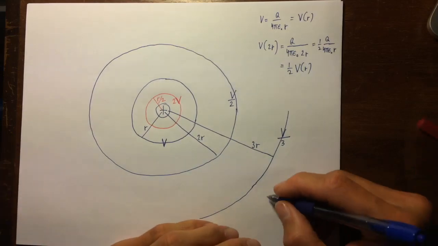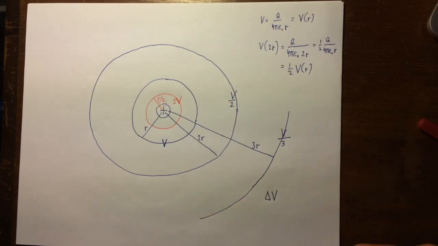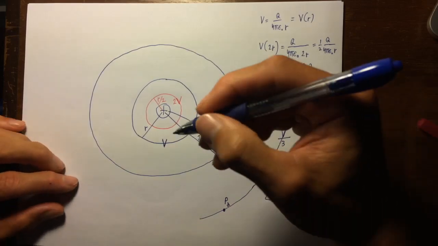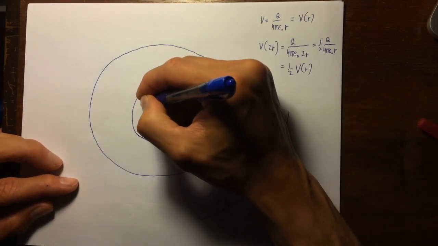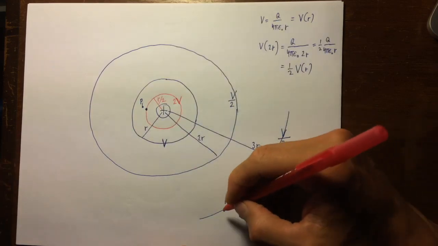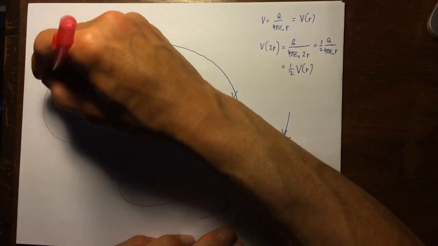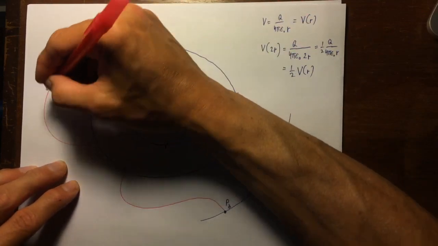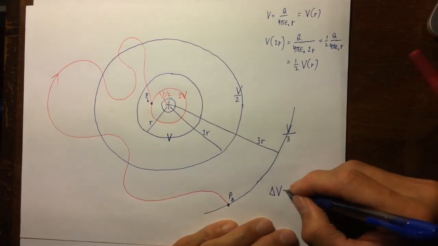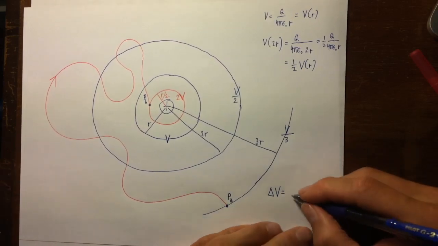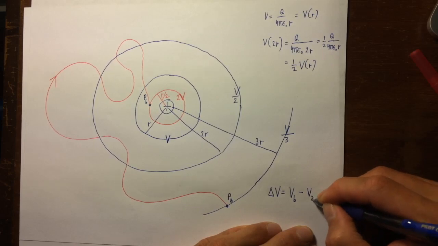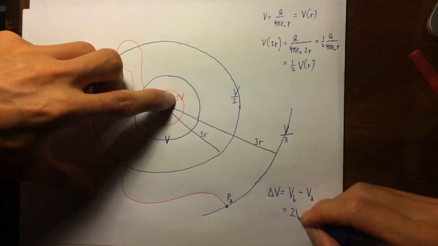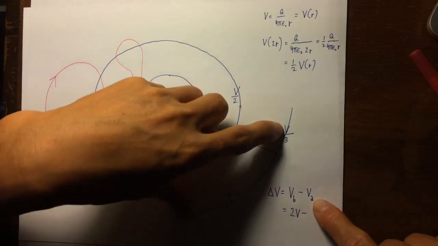And if I was to go calculate delta V, say from here, this is position A, and let's say that this is position B, and I'm going to follow a crazy path all the way to B. Then when I calculate this, this will only be the potential at B minus the potential at A, and the potential at B is twice V, and the potential at A is V over 3.